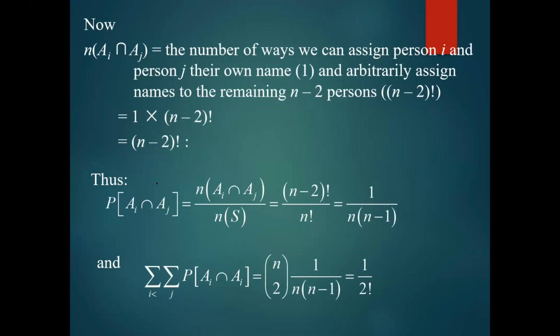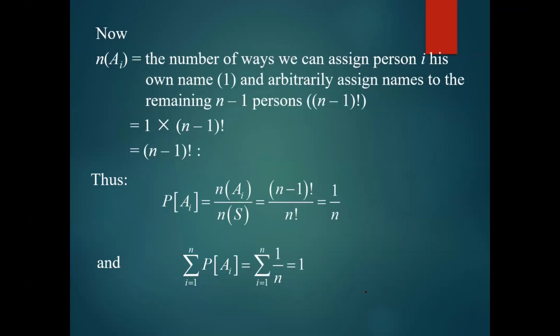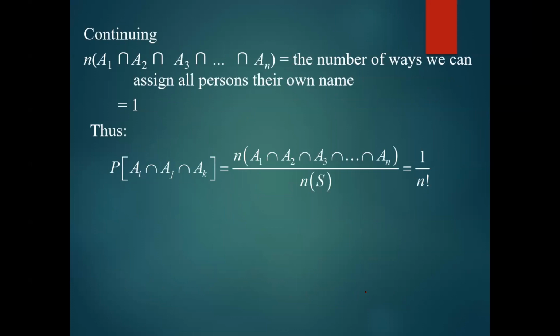So this means that exactly Aldwin and Kayla got their names. That's what it means. So if we compute that for all pairs of people, we have the probability of 1 over n times n minus 1. Correct? Okay, now if you sum that, you get 1 over 2 factorial, and so and so forth, until you get 1 over n factorial.